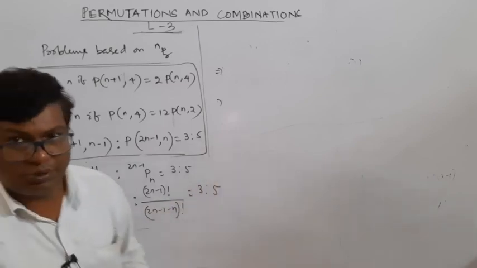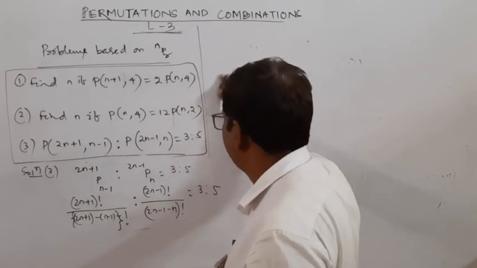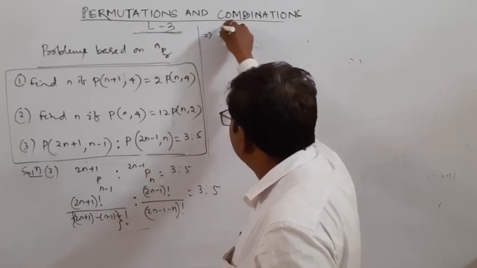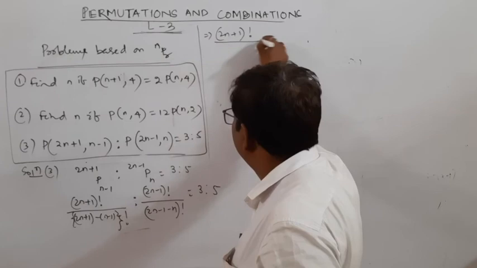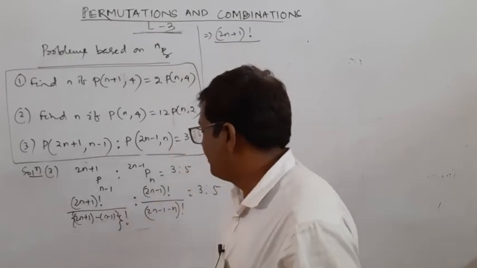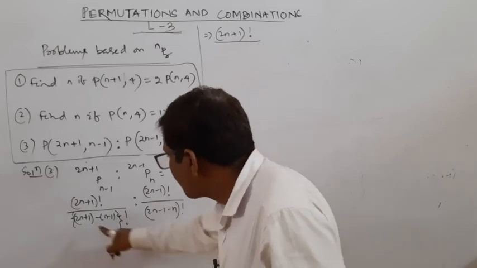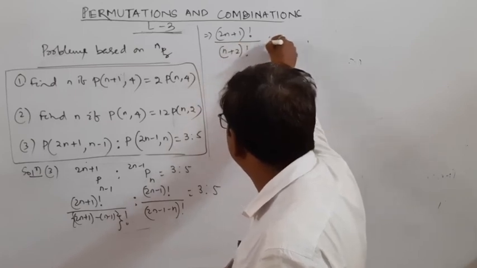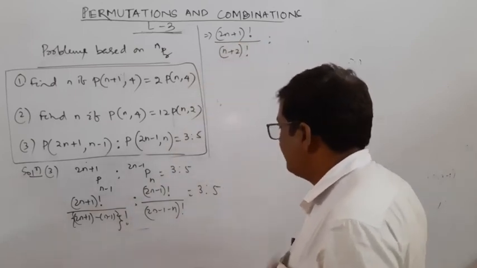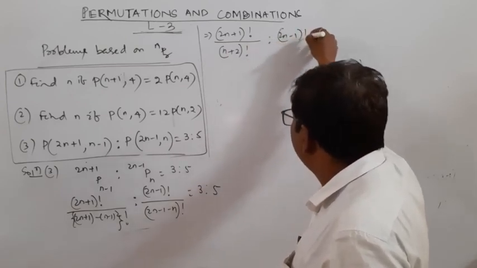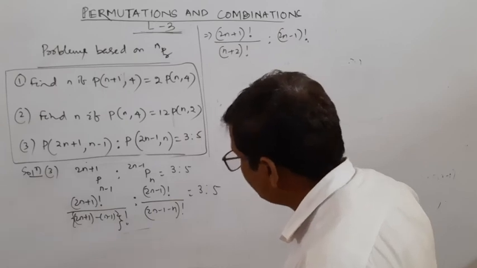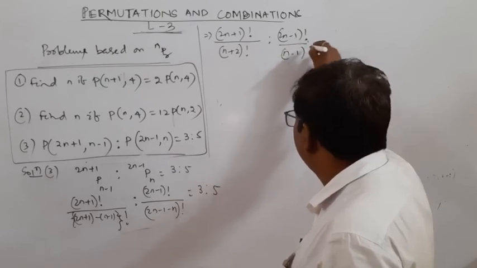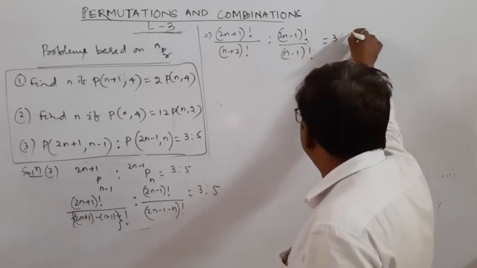Now simplify this. What happens here? That is (2n+1) factorial divided by (2n−n+2), that is (n+2) factorial, is to (2n−1) factorial divided by (2n−n), that is (n−1) factorial, is equal to 3 is to 5.